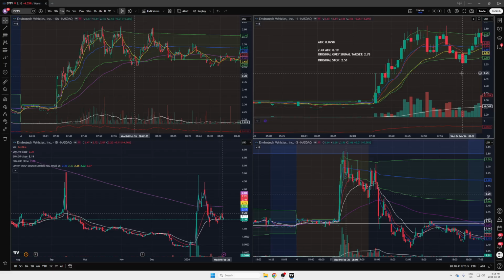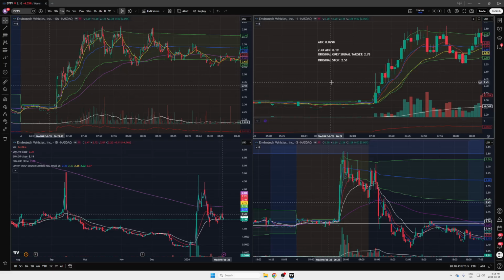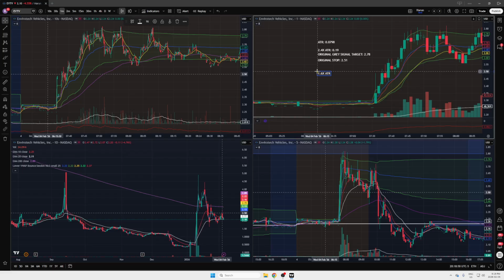So you are taking 1.6x ATR, which would be 0.0798 times 1.6, so 0.1278, and you're adding that to one tick above the high of the red bar 2.